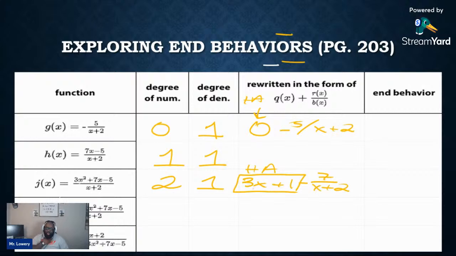As you finish the chart, one thing I'm going to leave you with is to notice, as you write these results, what pattern you are noticing, especially when you take care of k of x and m of x. I just want to give you a little more guidance with this table.